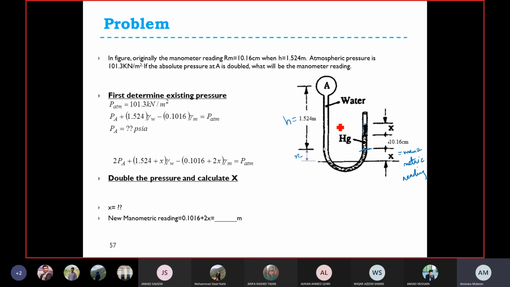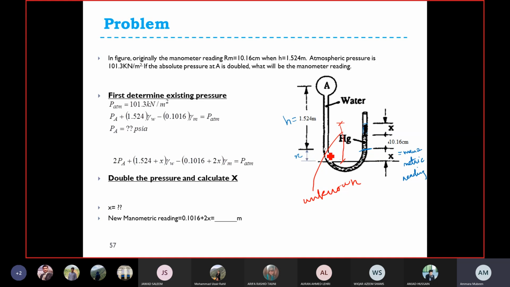And manometric reading, as I have already told you, is the difference of the length of the manometric fluid between the two tubes of the manometer. So we'll check this dimension, but first we need to write the manometric equation. If we know x, then you'll know this dimension also.